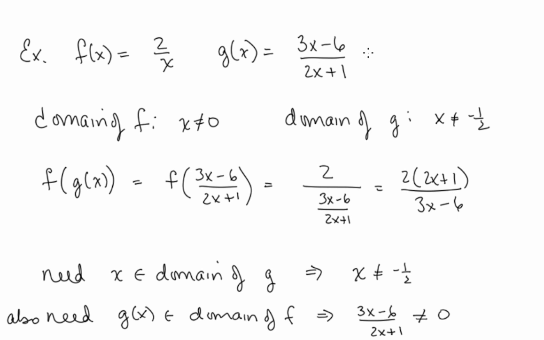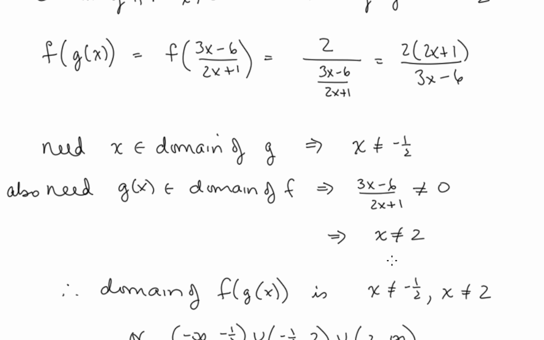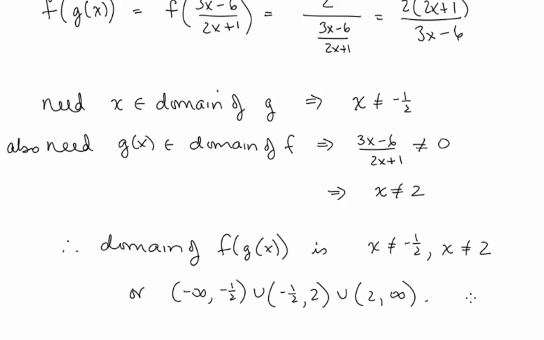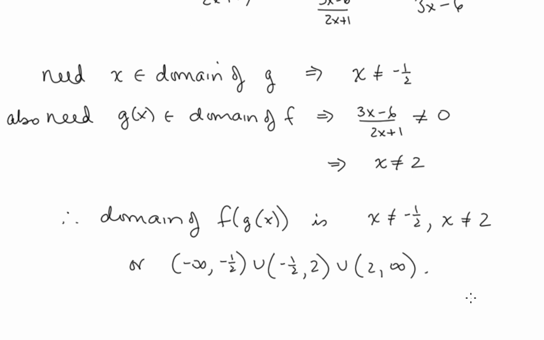That tells us x cannot equal 2. So the domain for this composition is x is not equal to negative 1/2, also not equal to 2. So we can write that as a union of sets here. Negative infinity to negative 1/2, union negative 1/2 to 2, union 2 to infinity. All open sets.